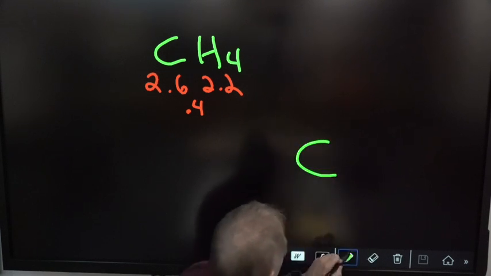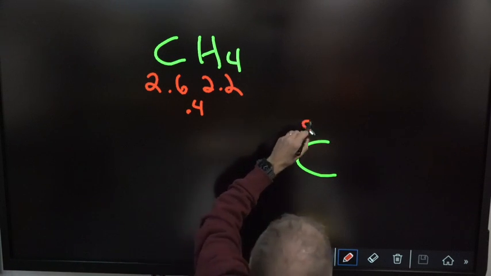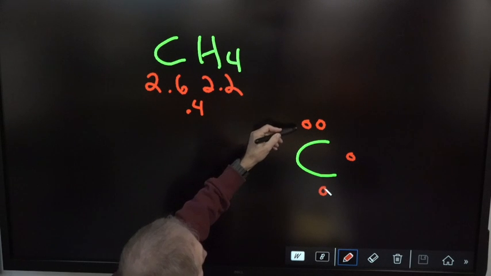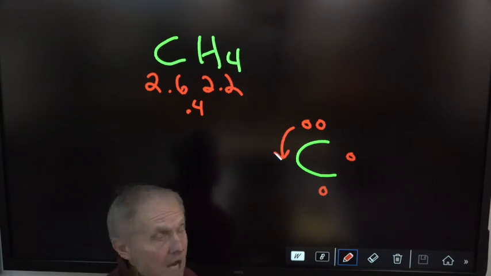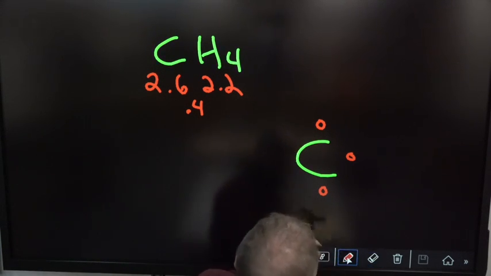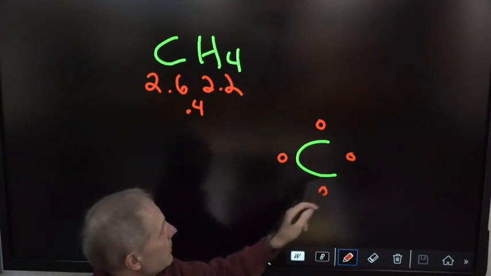And don't forget, carbon is very weird because it should be this, an S2P2, but it's not like that. Remember, one of the S electrons drops down into the 9 o'clock spot. So we have this. So we have single, single, single, single.